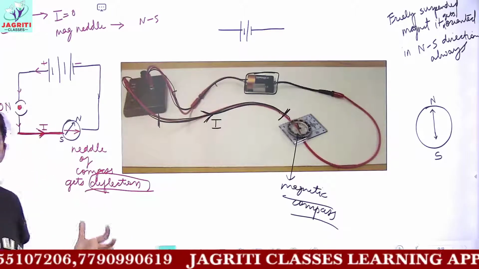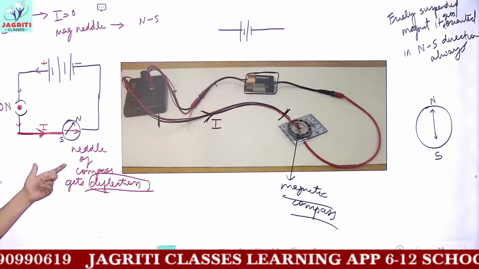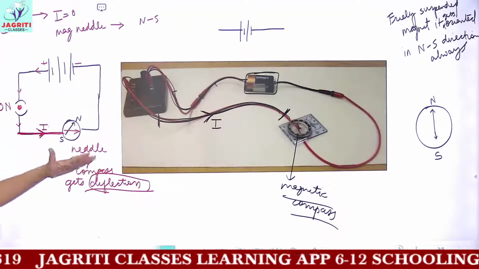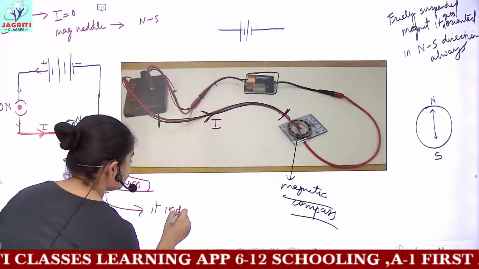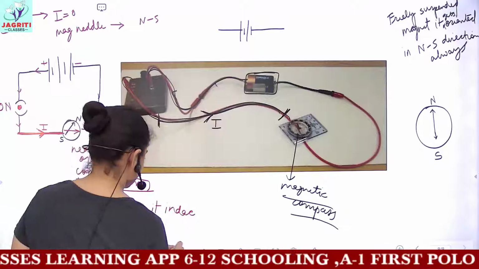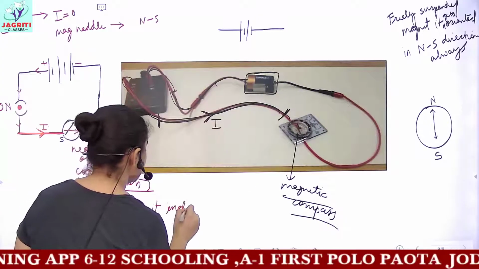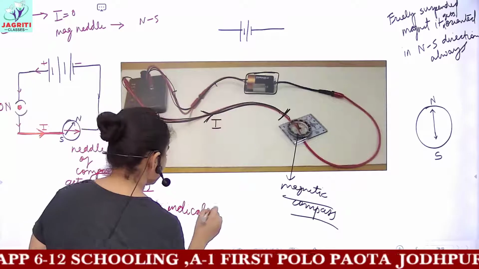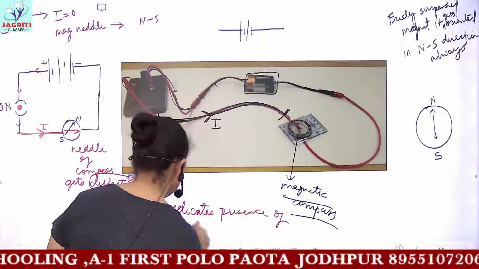Now, what were the conclusions? You can write in the conclusion section that when the magnetic needle gets deflected, it indicates the presence of magnetic field. So the deflection in the magnetic needle indicates the presence of a magnetic field.